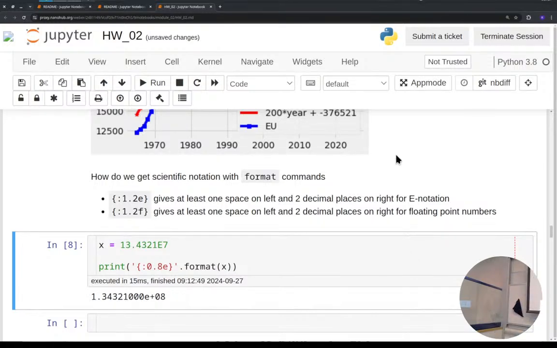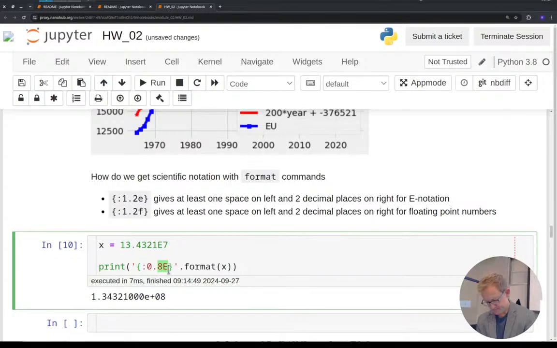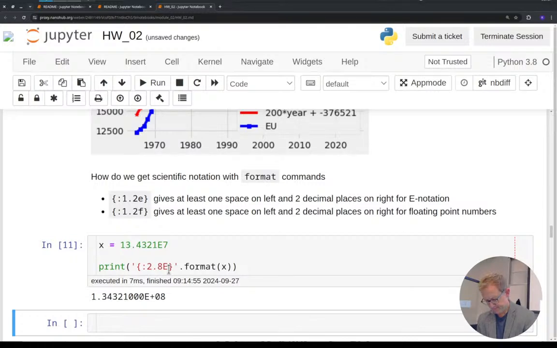It's going to document that. I think there's a capital E too. I know there's lowercase and uppercase e, but I don't know the difference between them.